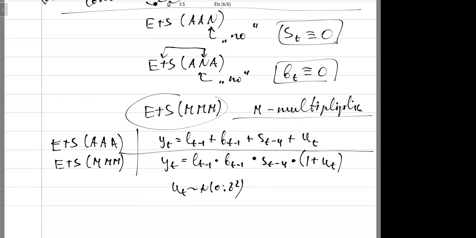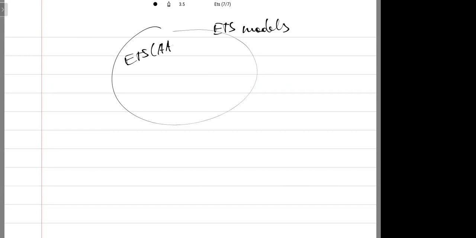But as a final conclusion, you have a class of ETS models. You have something like ETS AAA. You have ETS ANN.